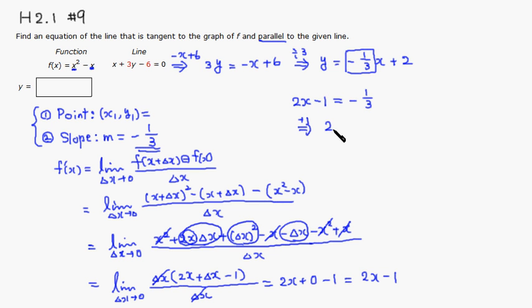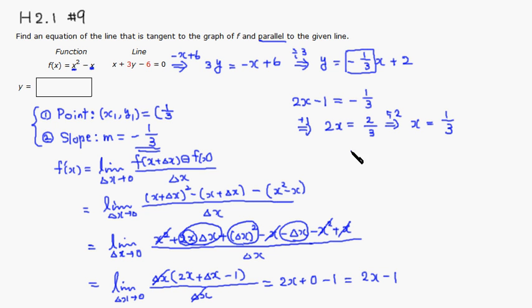You get 2x is equal to positive 2/3. Then you can just divide by 2 to isolate x. So x is going to be 1/3. So x1 is 1/3, and that's where the slope of the tangent line becomes -1/3.